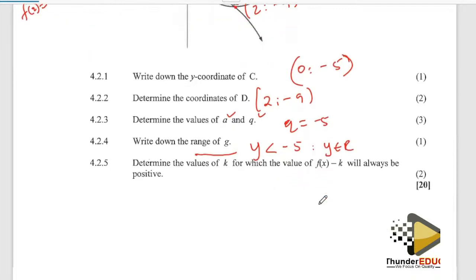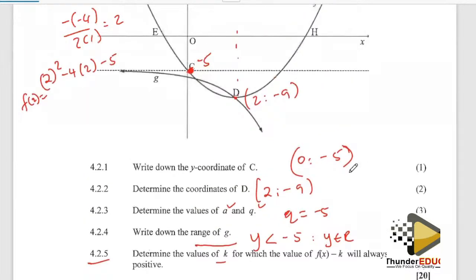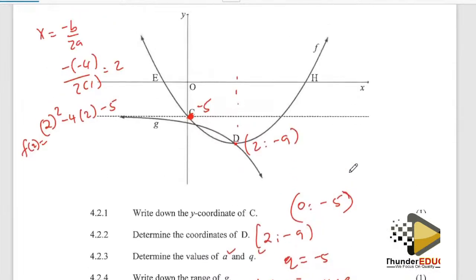Then 4.2.5: can we determine the values of k for which f of x minus k will always be positive?